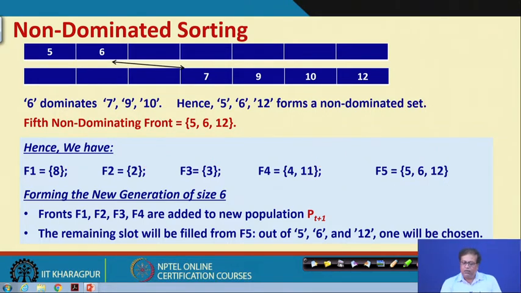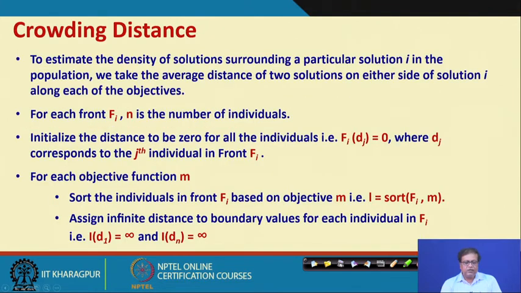So, again now recall what we have to do now, we have to check the crowding distance. To estimate the density of the solutions surrounding a particular solution, we take the average distance of two solutions on either side. So, initialize the distance to be 0, then for each objective M, sort the solutions in that given front and assign infinite distance to boundary values, and that is the first task.